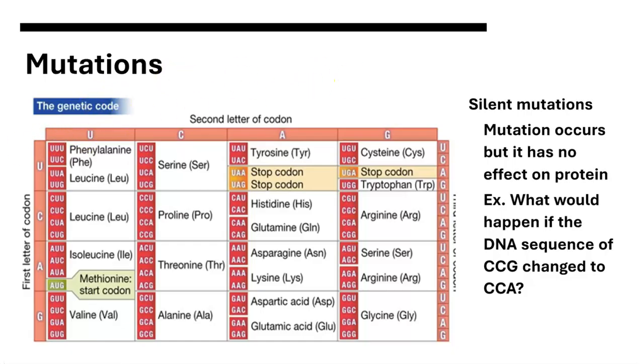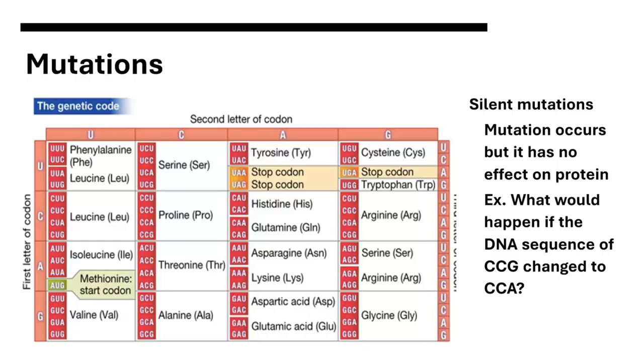But let's see what happens. So if we have CCG, so here's our C, we go to our G column, and then we want to go down and find where CCG is. I think I drew my line right across from it, making it a little hard to see there. So let's see.